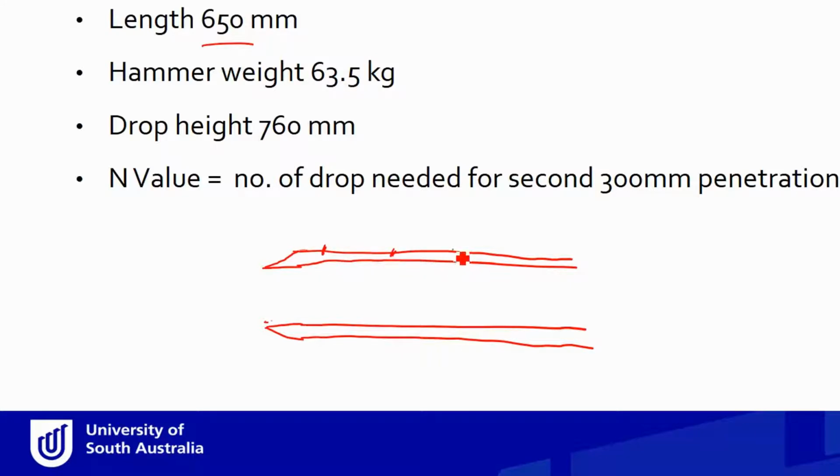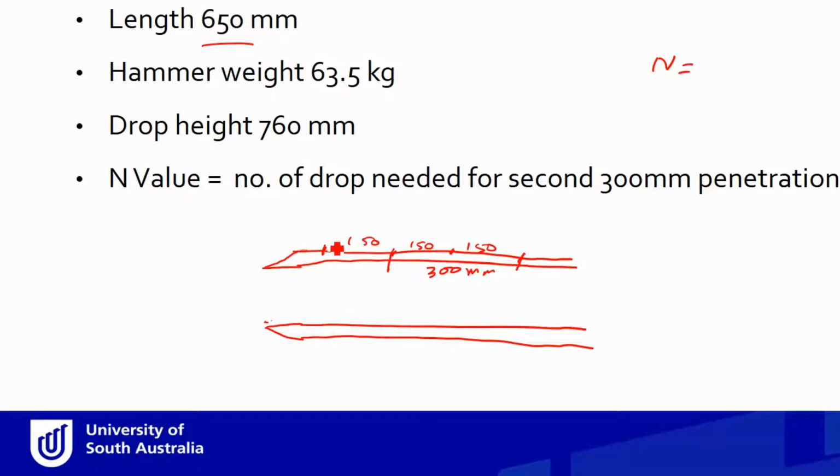Say it has 3 different sections, each of them 150, 150, 150, and the standard penetration number we call it N, or blow count, is the amount of hammer blows needed for the second 300 millimeter of penetration, and that is correlated to a number of different soil strength parameters.